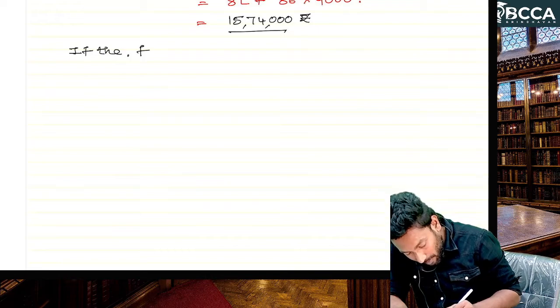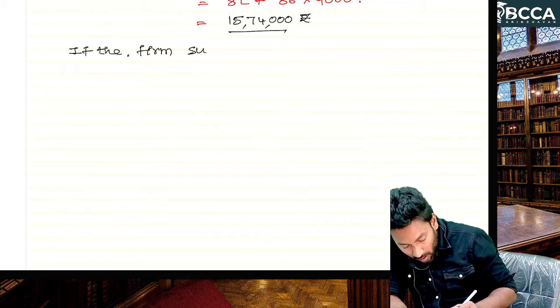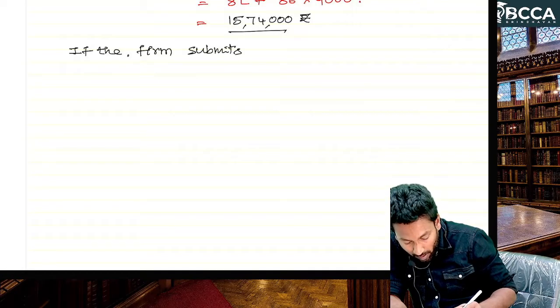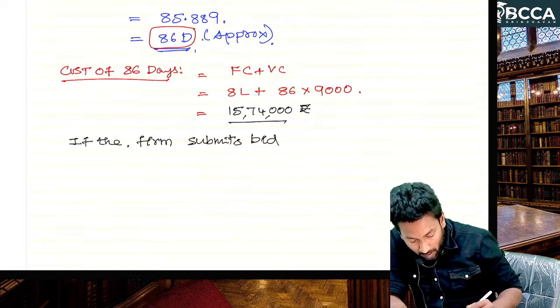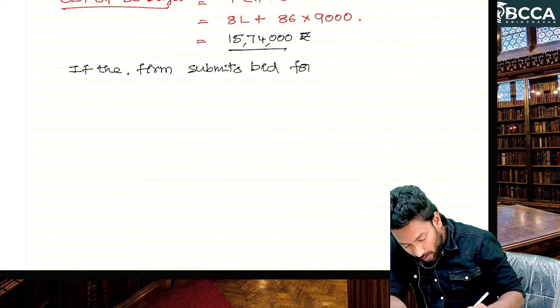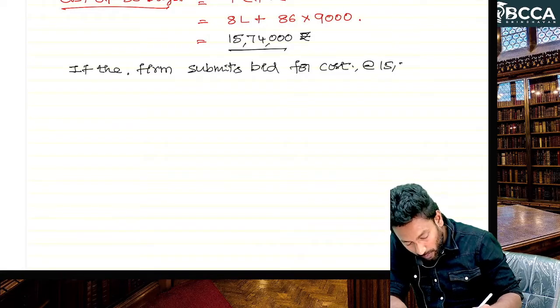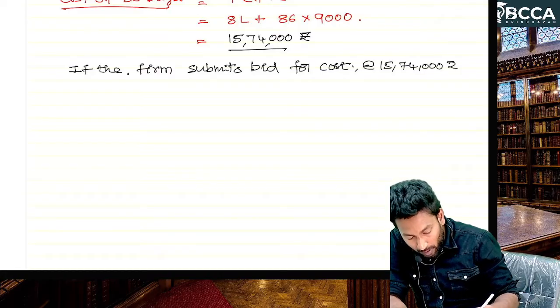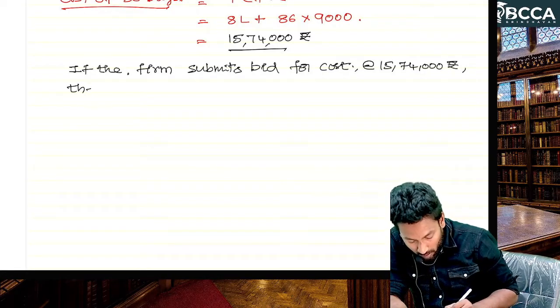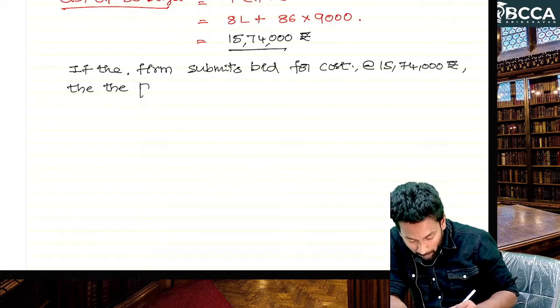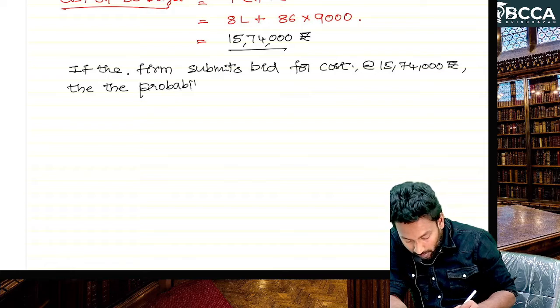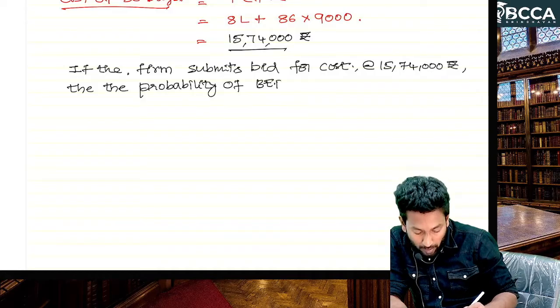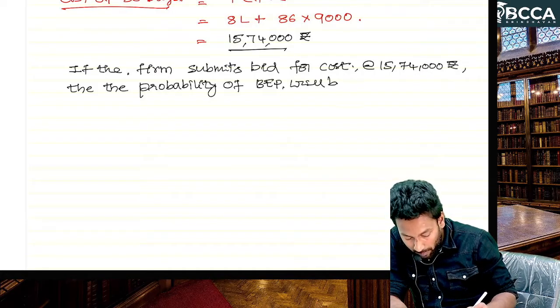If the firm submits a bid for cost value, cost at the rate of 15 lakh 74,000 rupees, then the probability of break even point will be 95% of probability.